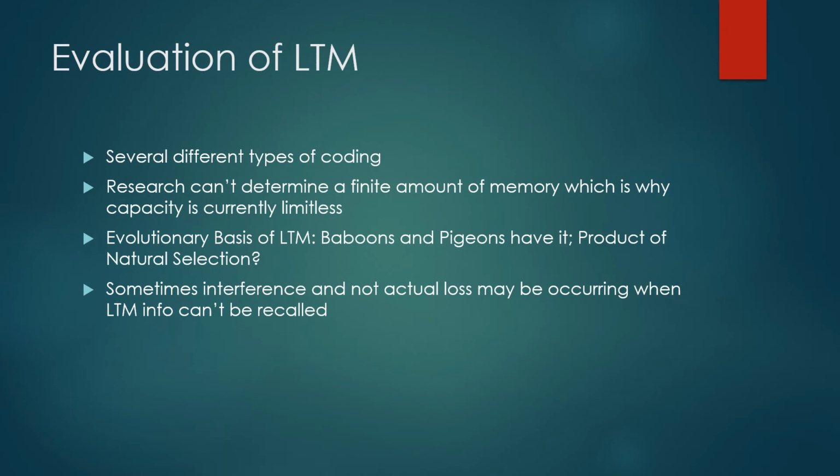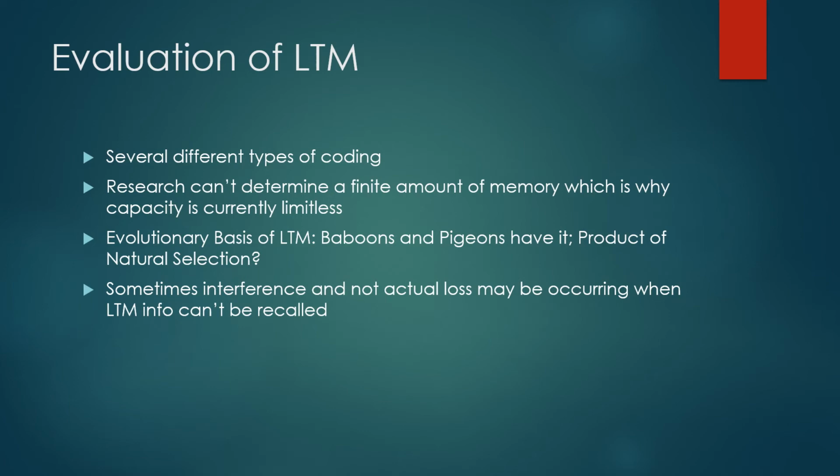So as far as evaluation of long-term memory, again, there are several different types of coding. Most are acoustic or visual, but there are others than that. Research, again, can't determine a finite amount of memory, which is why capacity is currently limitless. We could find out that there is a limit on how much we remember.